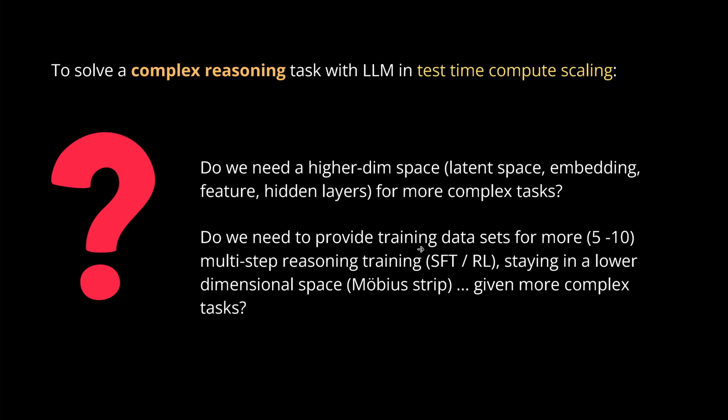And it is a completely different video if we focus on supervised fine-tuning and or reinforcement learning. So staying in a lower dimensional space like a Möbius strip, but providing more step freedom given more complex tasks. What would you choose?